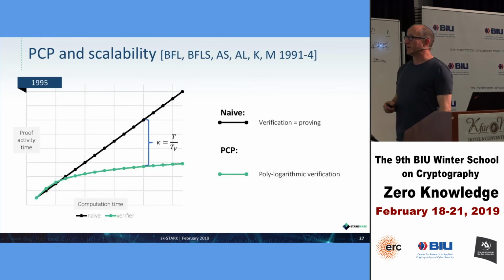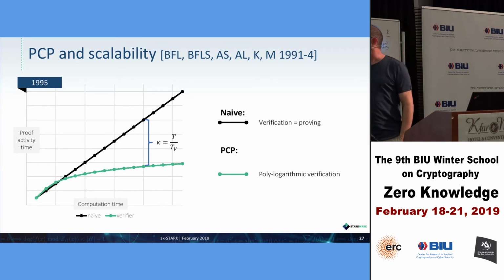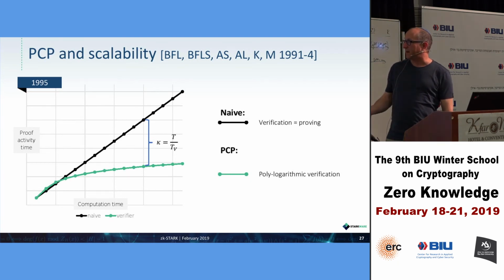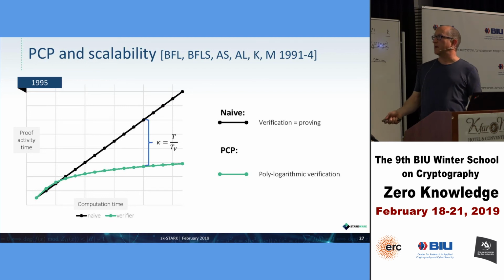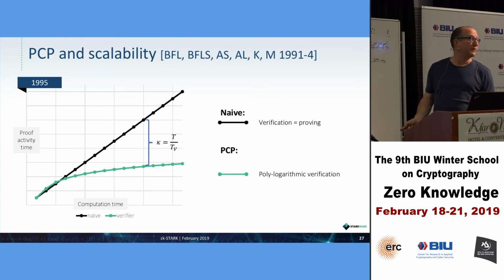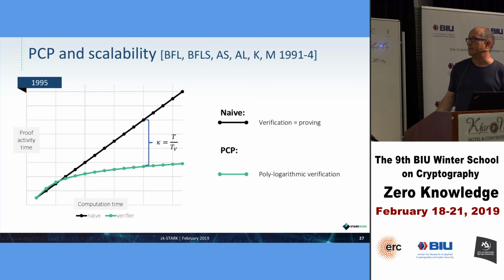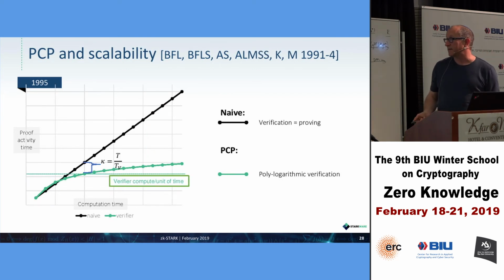A little bit about scalability and PCPs. The scalability effect will come from the exponential decrease in verification time, and the larger this decrease, the bigger the scalability effect. So in 1995 already, we knew that you could get this exponential gap between naive verification time and PCP-based verification time, which is really great. But why hasn't this been implemented since 1995? Part of the reason is that, first of all, the verifier complexity was pretty large.